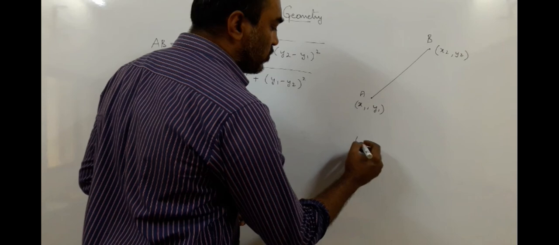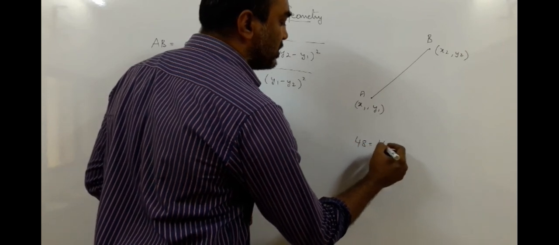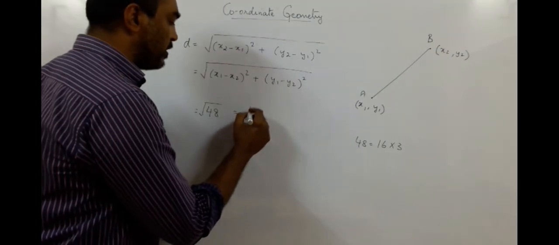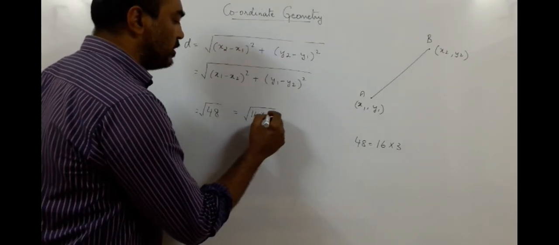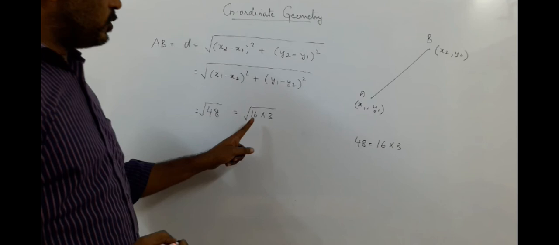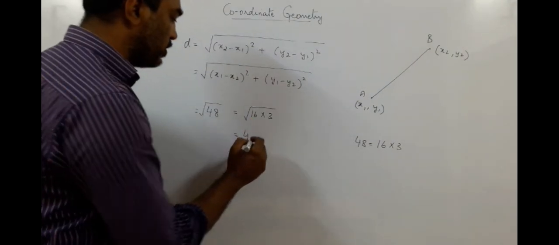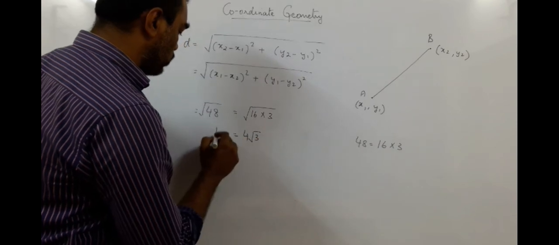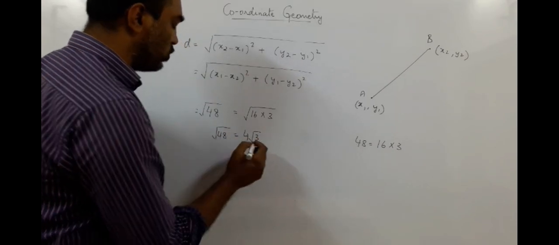So what are the factors of 48 we can write? I can write directly that 16 3s are 48. So root 48 I can write as root 16 into root 3. Now root 16 is 4. Root 3 is the irrational number, so 4 root 3.